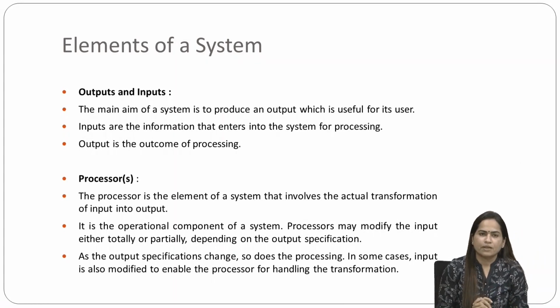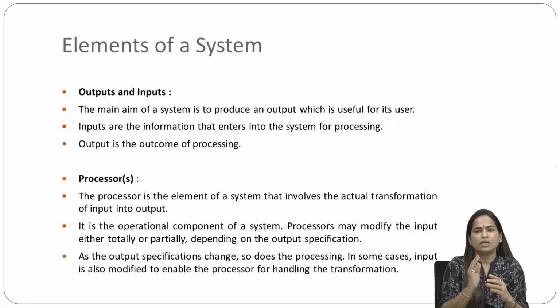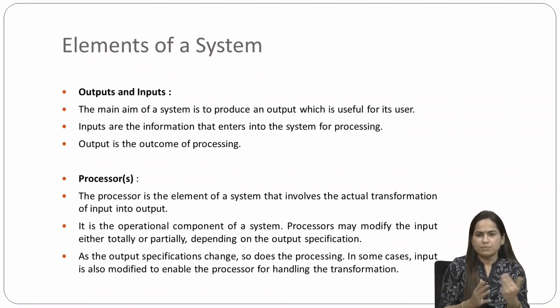Thereafter we will see the elements in detail. First are input and output. In simple terms, when we talk about input and output devices or parts, we can simply understand that what we give is input, and what we get is our output. The same thing is here.